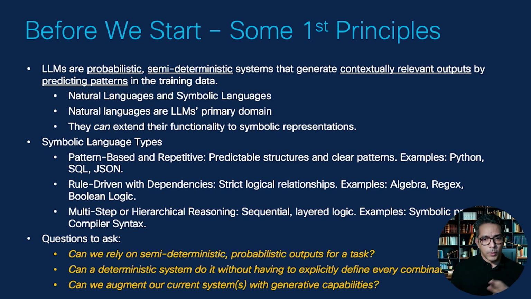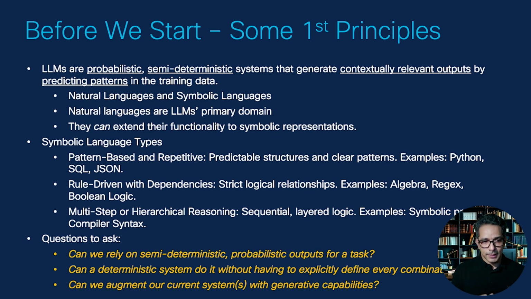So there are at least three key questions that we should keep in mind when we're discussing the vectors. Can we rely on semi-deterministic, probabilistic outputs for a task? The second one being, can a deterministic system do a task without having to explicitly define every single combination?